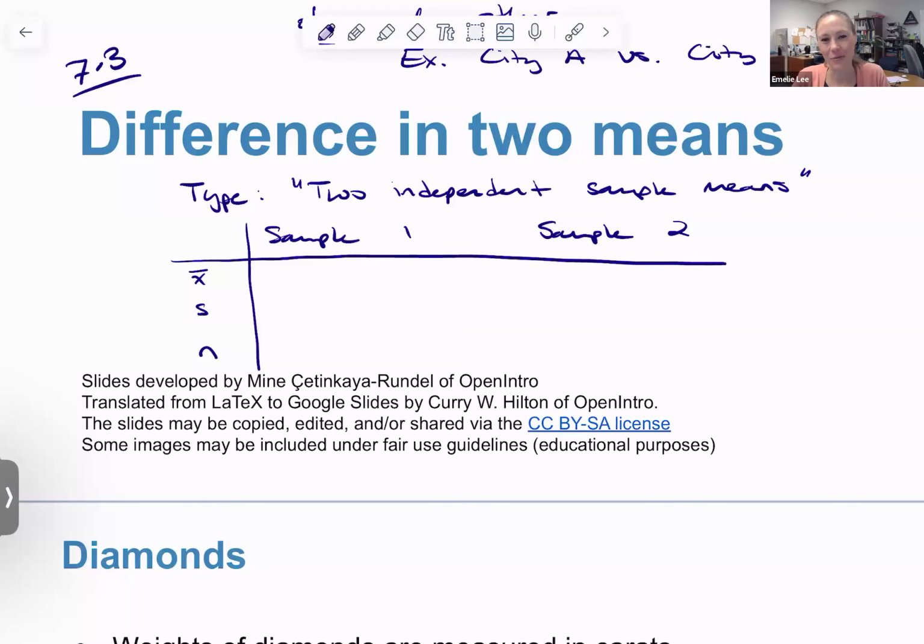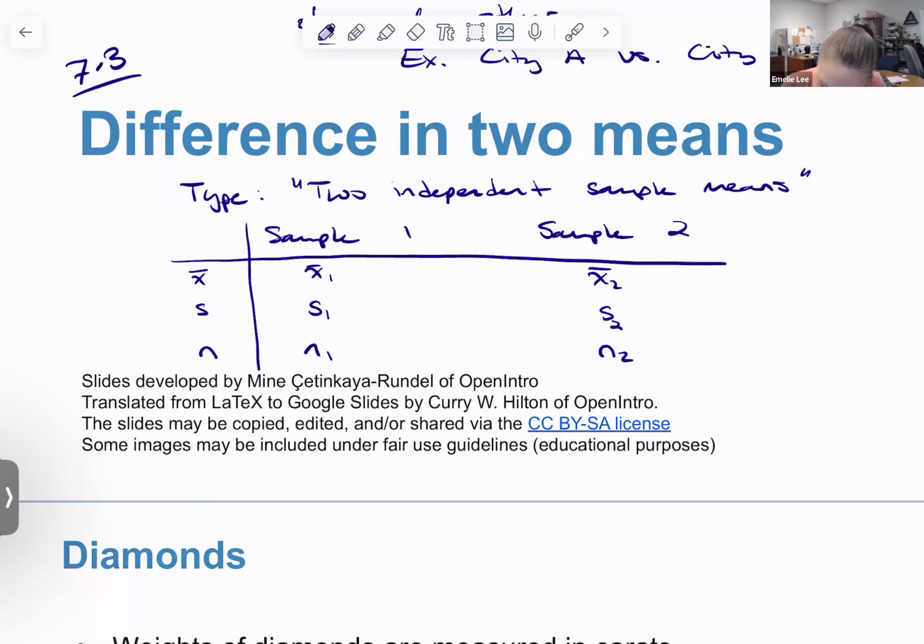But we're going to have it for each sample. Notice that all these things are the same things that I listed earlier for the one sample means. Okay? And so here we're going to have x1 bar, x2 bar, s1, n1, s2, n2. So of course our formulas have to take this into account, okay?